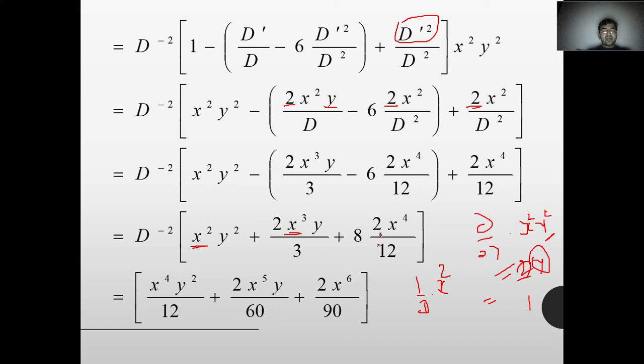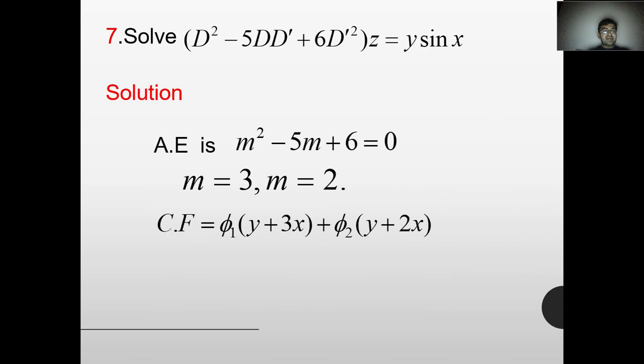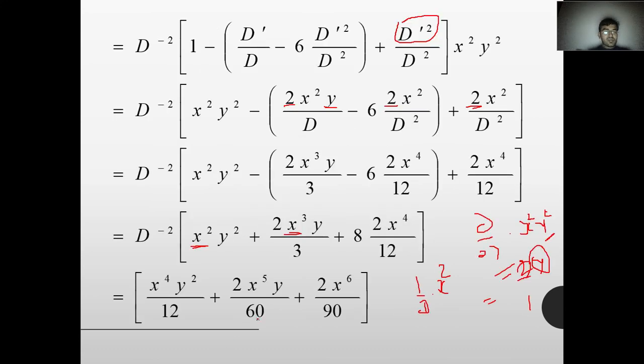We get this, and simplifying this, 2 upon 16 is equal to here 30 and 45. This is the particular integral.